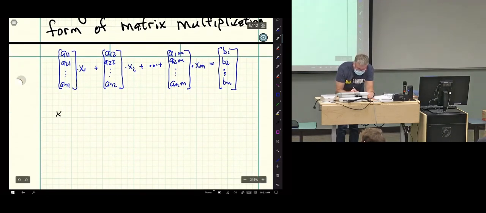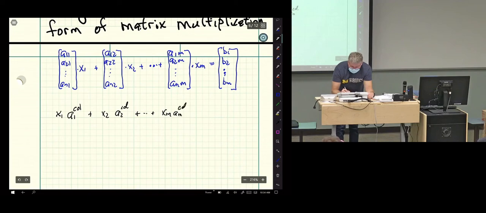It doesn't change anything. So I can write this as x1 times the first column of A plus x2 times the second column of A plus xm times the mth column of A is equal to B.